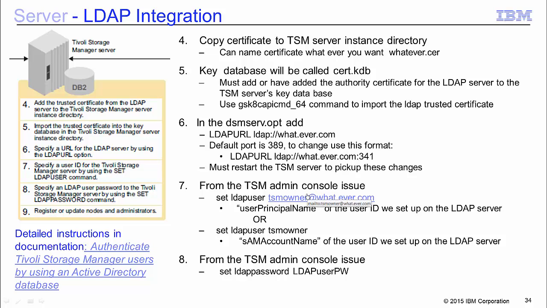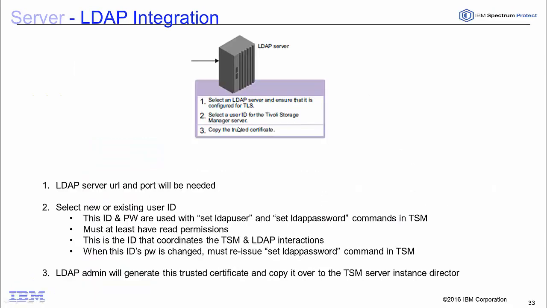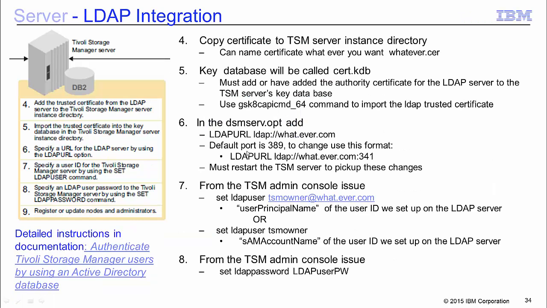Once the server is brought back up again, from the Spectrum Protect admin console, you're going to issue a set LDAP user and then the name of that user that you selected back in step 2. So you enter in that user ID, and then you're going to do set LDAP password and specify the password that goes with that.